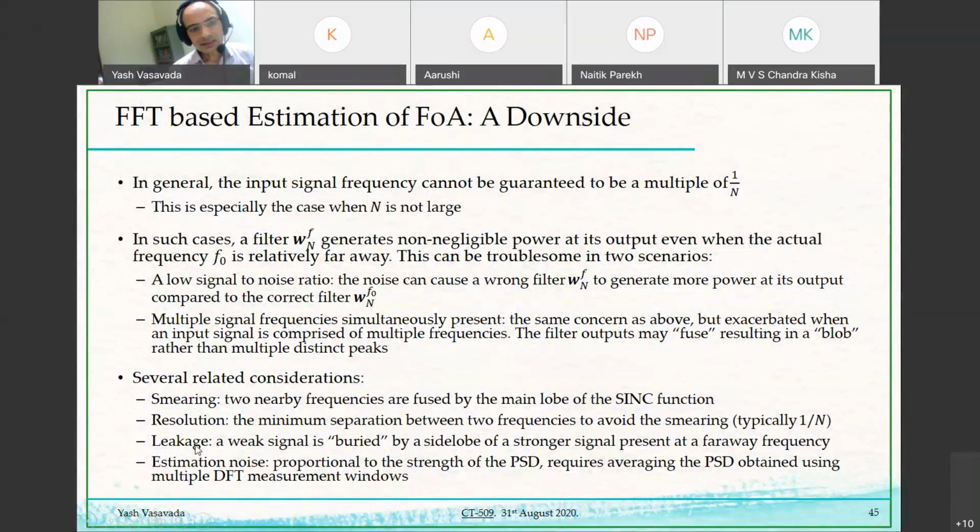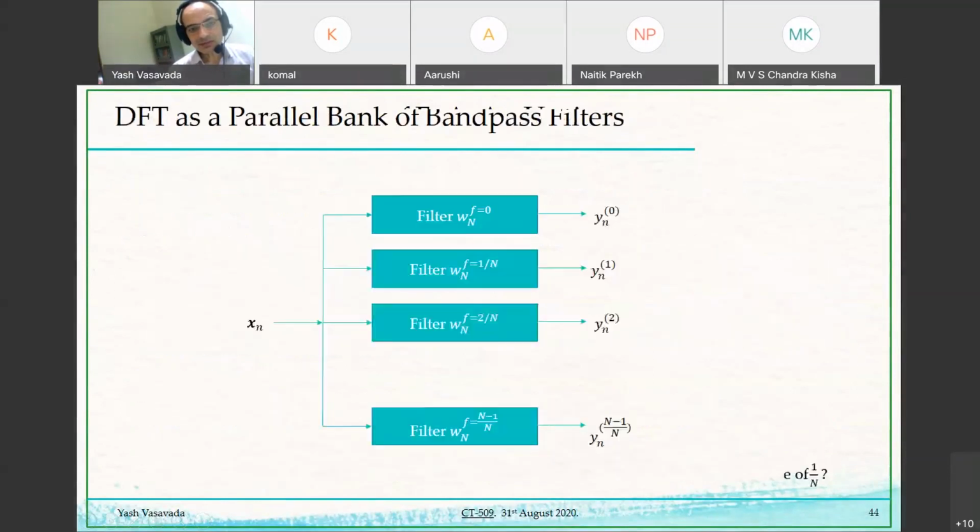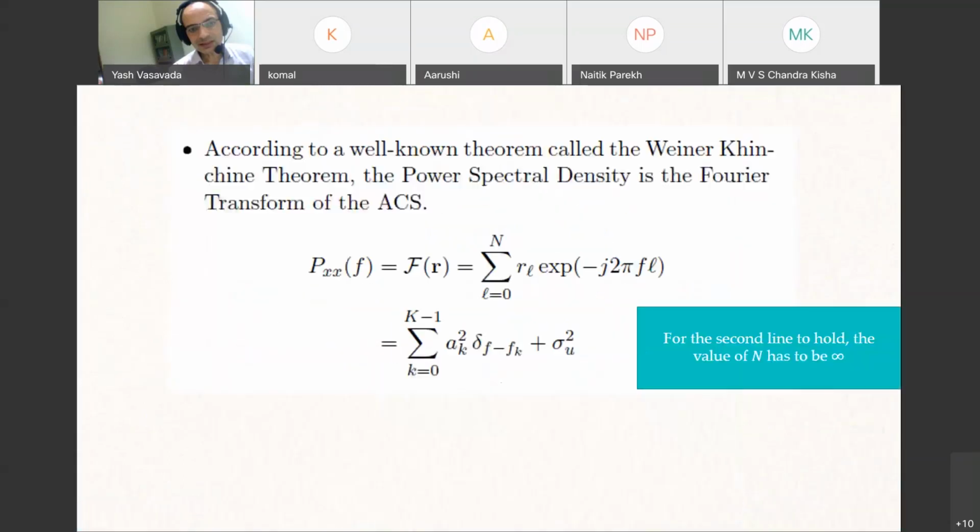There is another related problem which comes because of the side lobes of the sinc function. The smearing and the resolution relate to the main lobe of the sinc function. The leakage happens because of the side lobes. Basically, the sinc function leaks the power of this direct delta function.